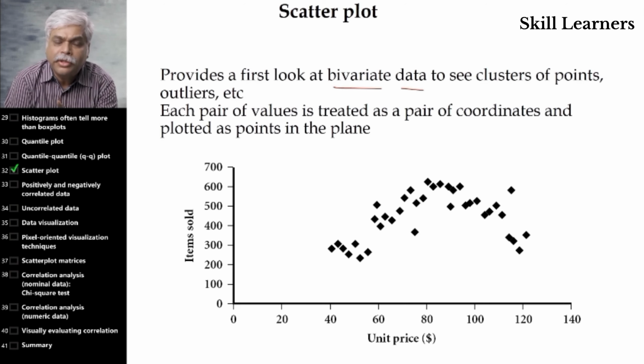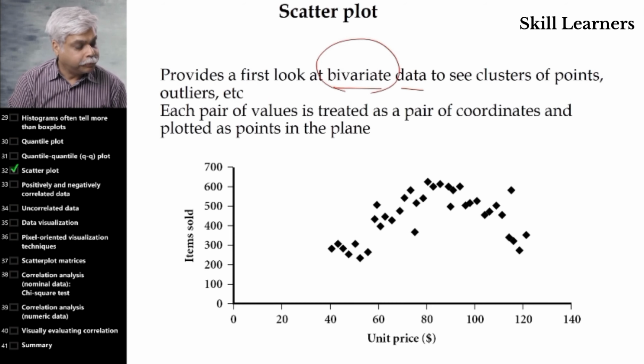Here, we shall see price and items sold, two numbers. For example, for an individual, we might see height and weight. For an image, we might see size and the number of different colors. We might see different things, different features as they're called, computed for the same observation. If the number of different features is 2, that is bivariate.